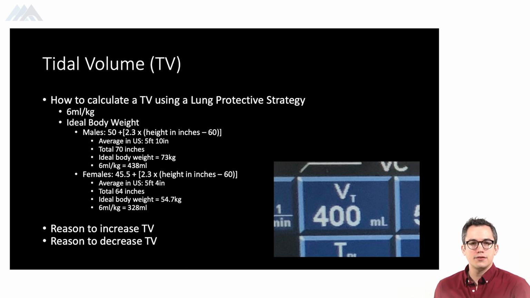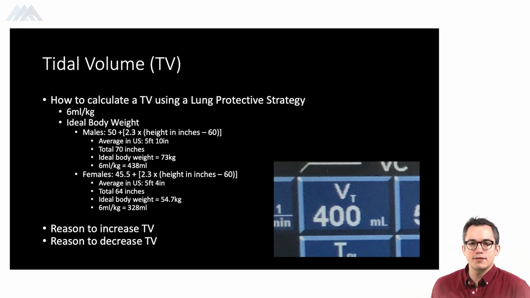For males, to figure out an ideal body weight, we're going to use the equation 50 plus 2.3 times their height in inches minus 60. And for females, we're going to use the equation 45.5 plus 2.3 times their height in inches minus 60.